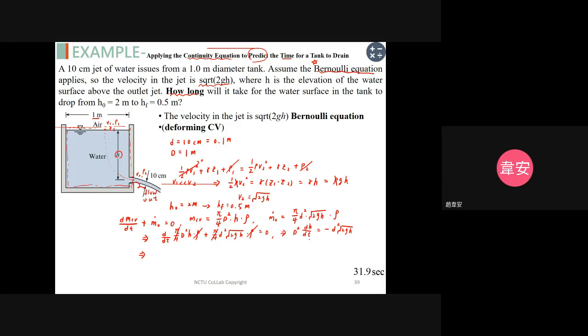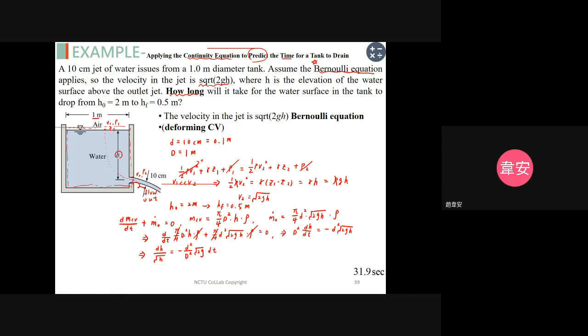So here we have dh, with the root of h under it, and I move the dt and the d squared to the right-hand side. So the right-hand side is minus small d squared divided by capital D squared, and we still have a constant value root 2g and the dt in here.